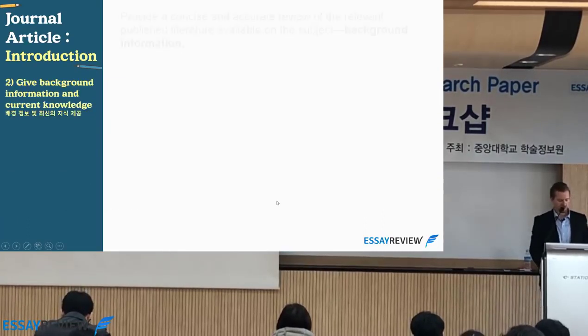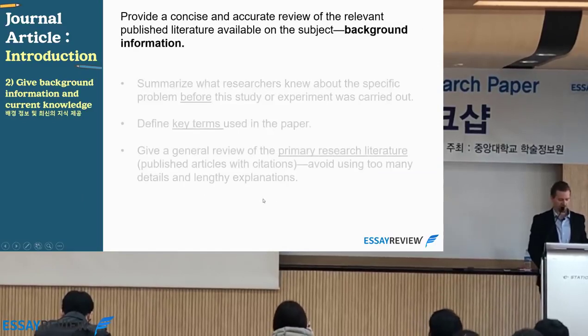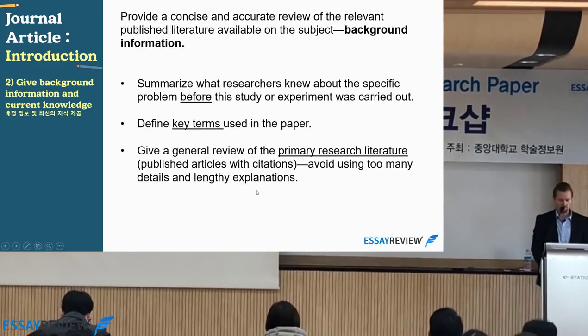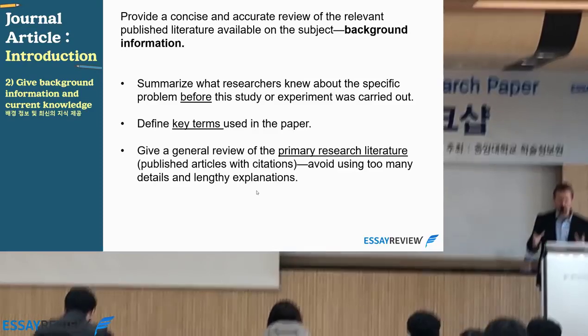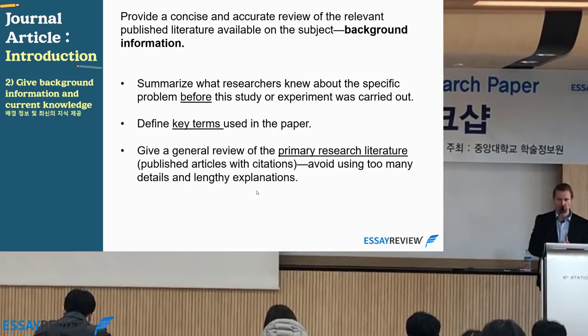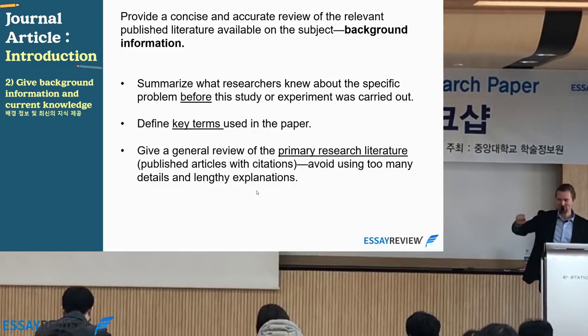Next, you're going to discuss the literature. Summarize what researchers knew and define key terms. Okay, this is very important, defining the terms. When I read a lot of researchers' essays, they don't define the terms. They just write, STW, and I'm like, I don't know what STW means. They don't say what it means.